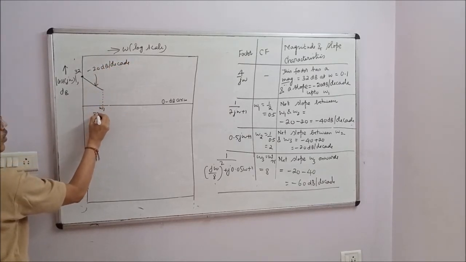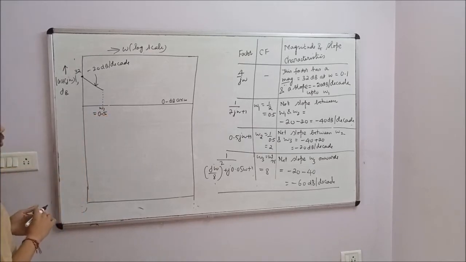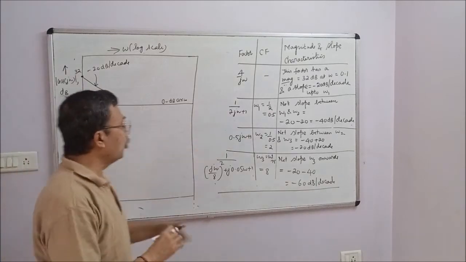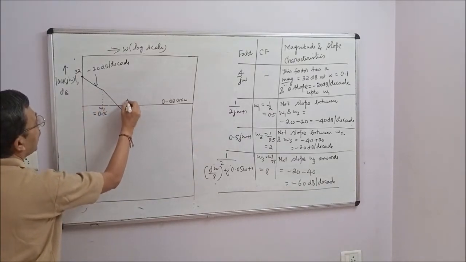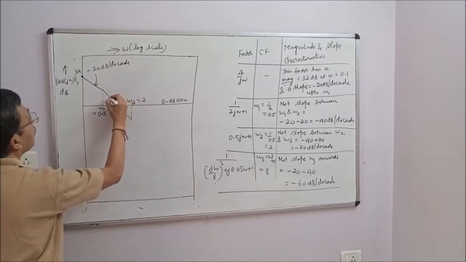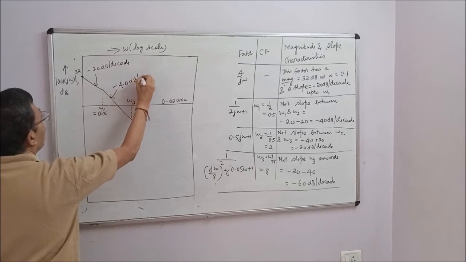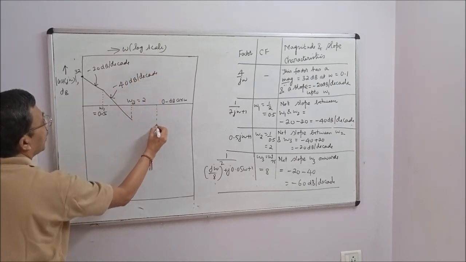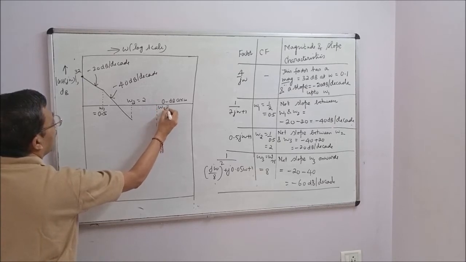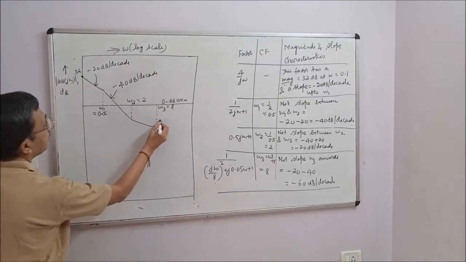What is omega 1 equals? Omega 1 is equal to 0.5. Between omega 1 and omega 2, slope is minus 40. This is omega 2 is equal to 2. This slope is minus 40 decibels per decade. Between omega 2 and omega 3, what is omega 3? Omega 3 is 8. Slope again becomes minus 20.